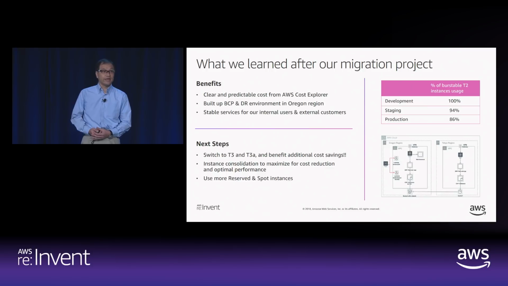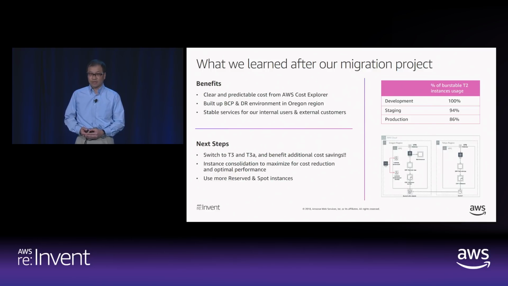Okay, so finally, we have completed our systems migration onto the AWS environment, and the benefits come like this. Now we have very clear and predictable costs by using AWS Cost Explorer.